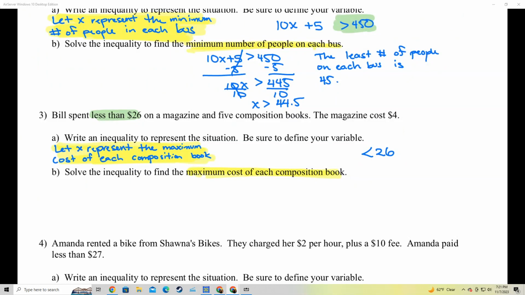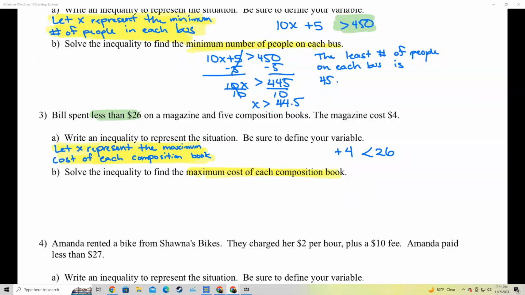Is there anything I know that got charged, like do I know anything like it's a fixed number? I sure do. It says I bought a magazine and 5 composition books and they told me that the magazine cost $4. So I know for sure I have an extra $4 charge here because of that one magazine. What I don't know is how much it cost me for the 5 composition books.